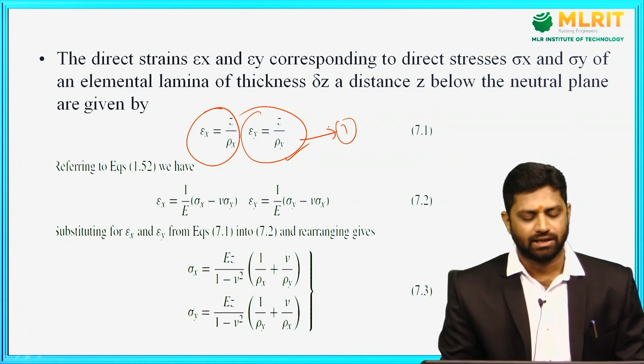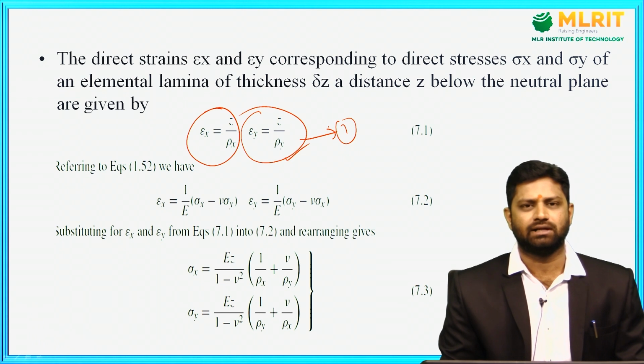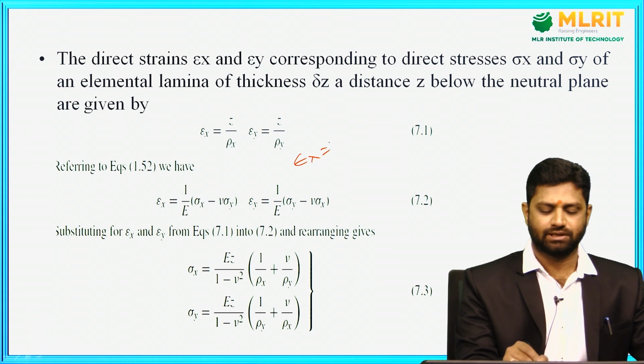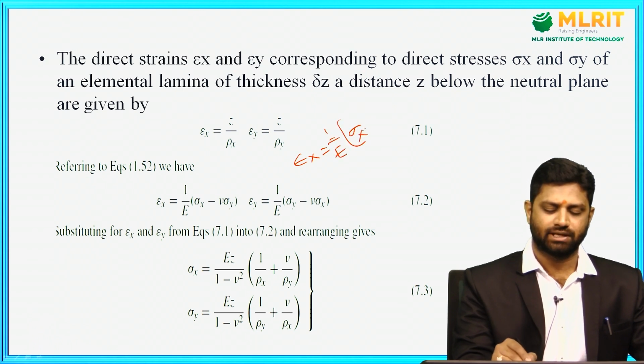Okay. And now we already know the stress-strain relationships, right? The strain in x direction, strain in y direction and strain in z direction. Now what are those relations? Epsilon x equals 1 by E into sigma x minus nu into sigma y plus sigma z.